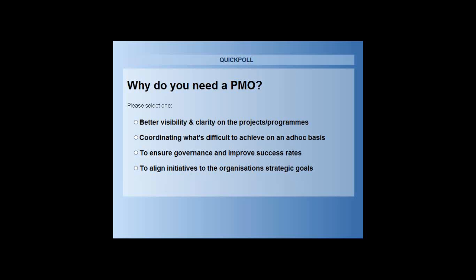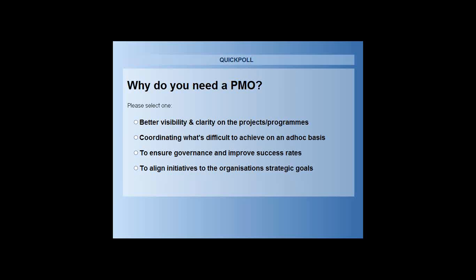So the way we've seen the need for PMOs, at least here in Australia, is around 4 main bullet points. One of the main things we've seen PMOs doing is giving visibility and clarity, insight into what's happening in the projects or programs being delivered within the organization.